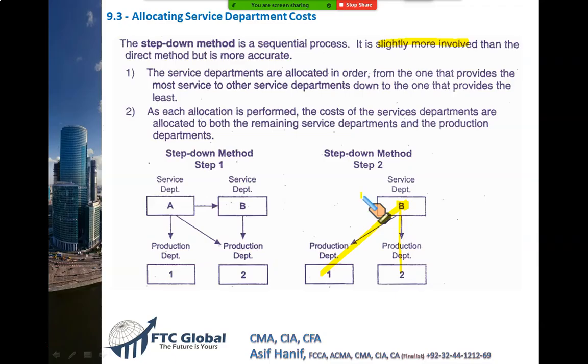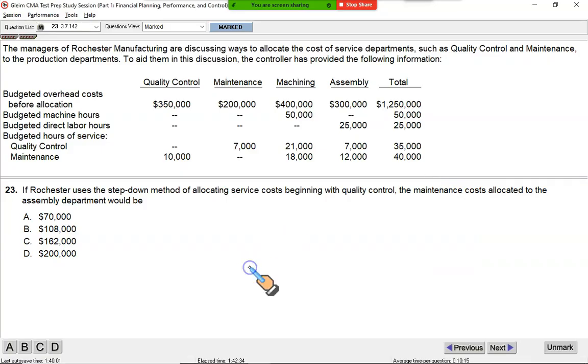Just like in our example, our starting point was service department A. This was the starting point. Once its cost was transferred, then we took the service department 2. So here we have been told that we should start our calculation with quality control. This is our first department we should work.